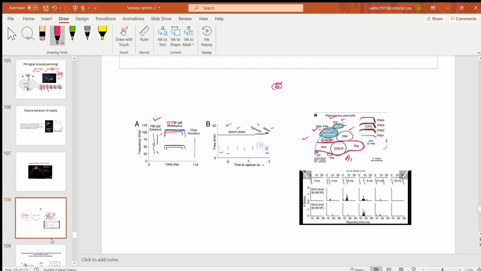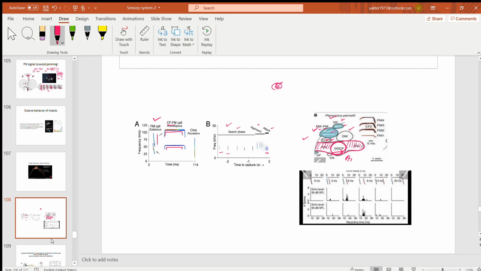And although in the bat's primary auditory cortex you also have a frequency map, that means the systematic organization of the neurons, you'll see in the middle of the A1 a large area which is highly expanded.